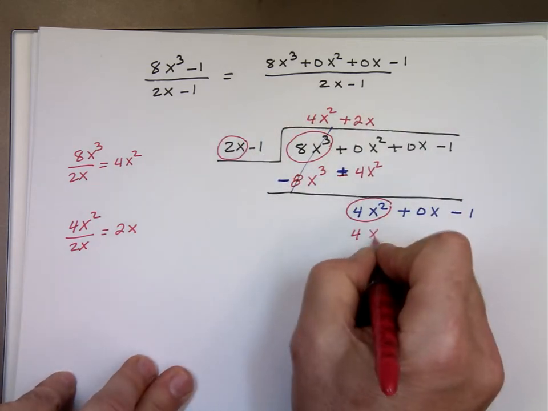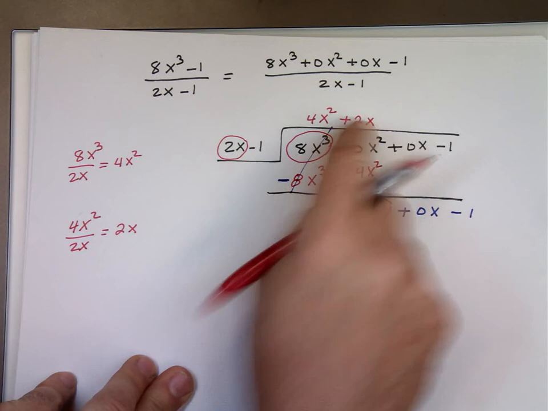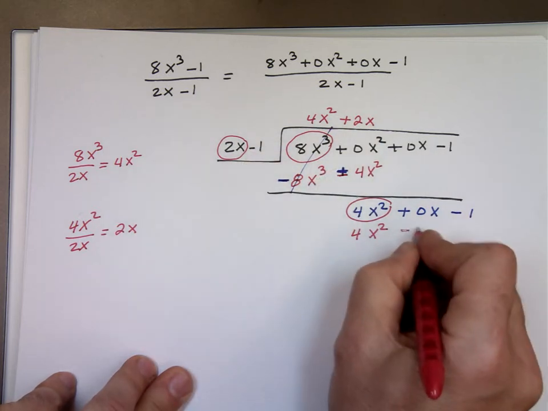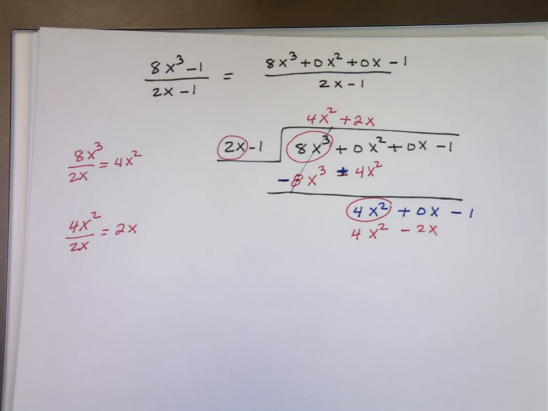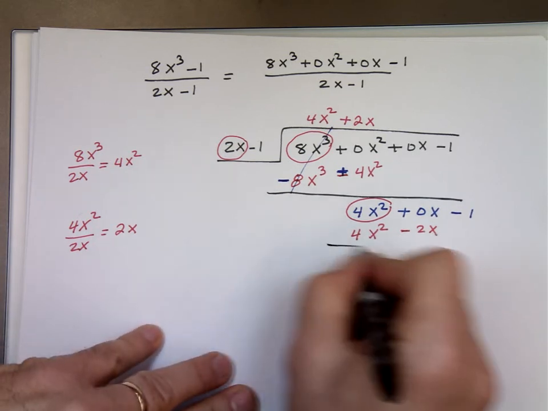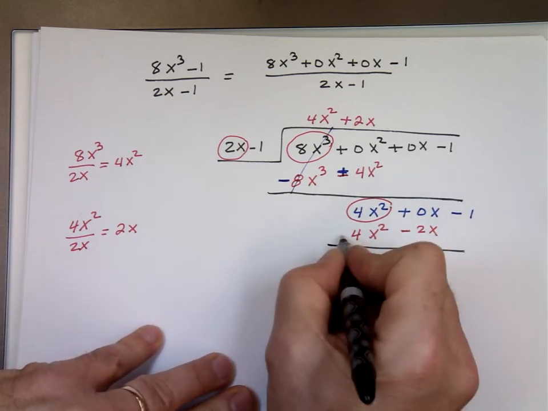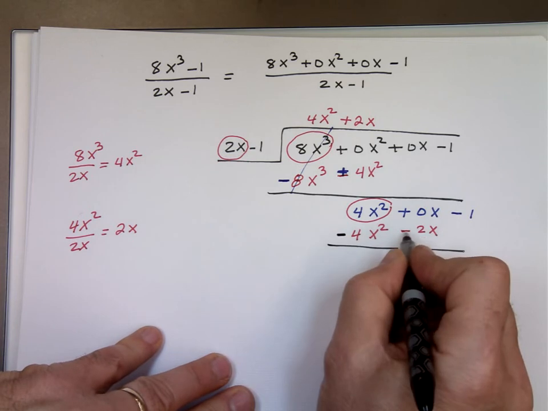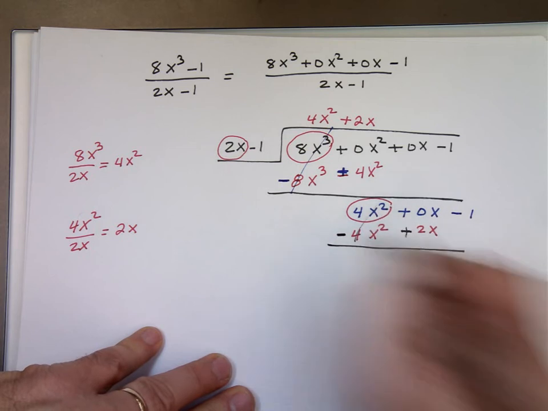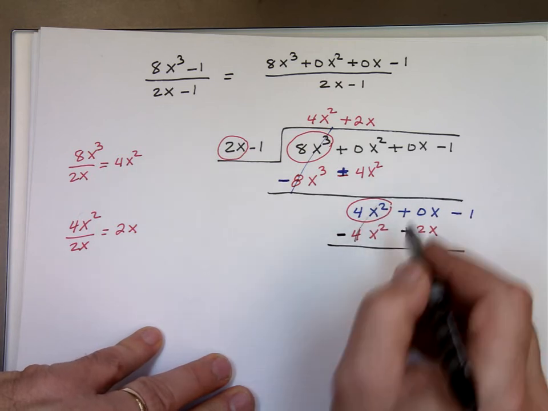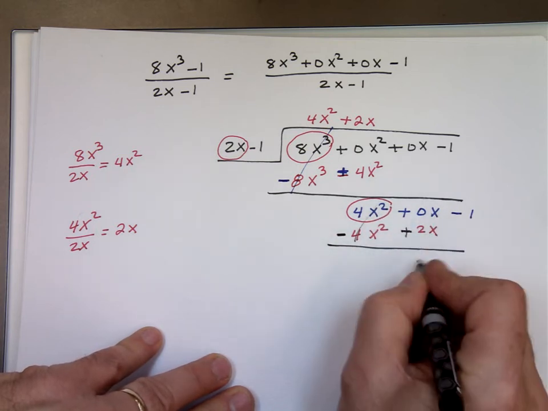What's 2x times a minus 1? Minus 2x. Again, change the signs and add. This is plus, going to become a minus. This is minus, going to change to what? Plus. Gone. What is 0x plus 2x? And there's the minus 1.